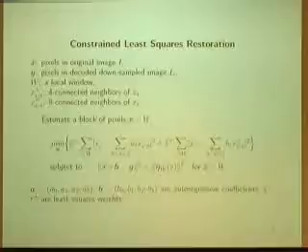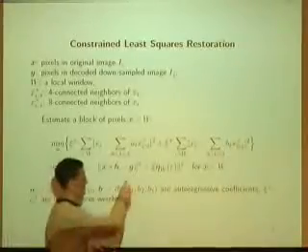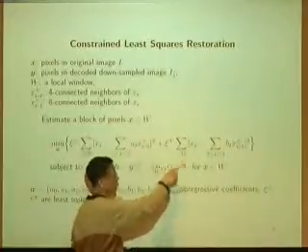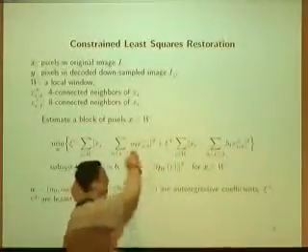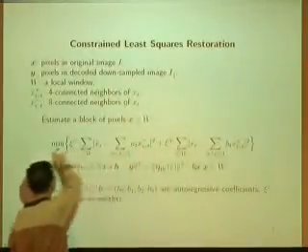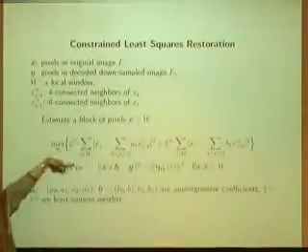So what we adopt is a separation approach. We first estimate A and B, and then plug the estimates A hat and B hat into this objective function, and then try to solve this problem. Then this problem becomes a linear least square problem, which has an efficient solution, right?